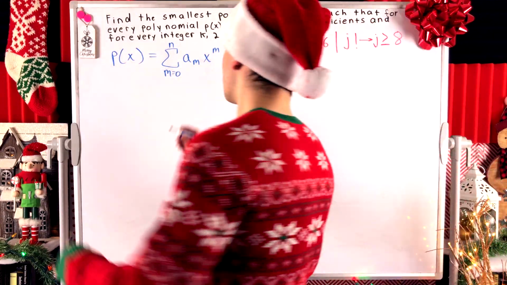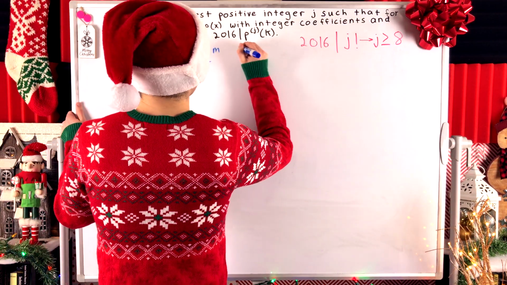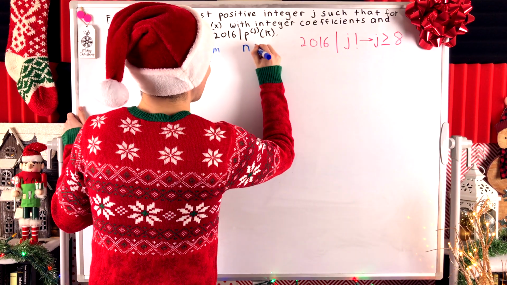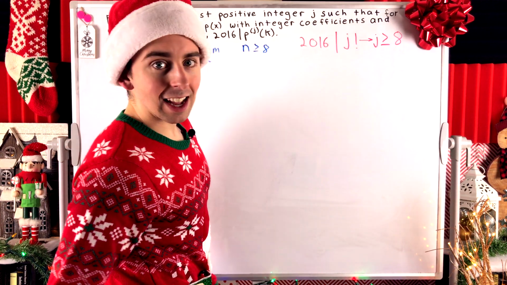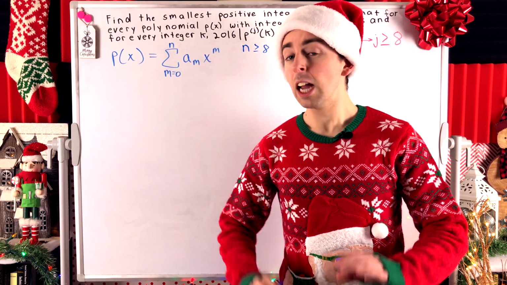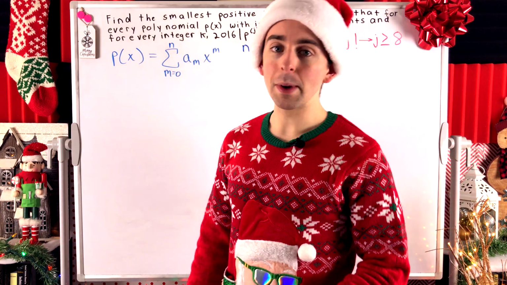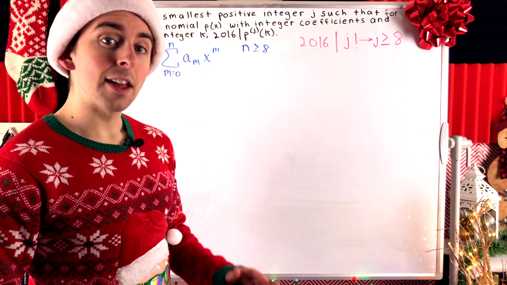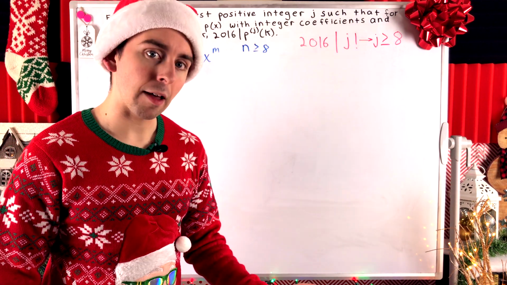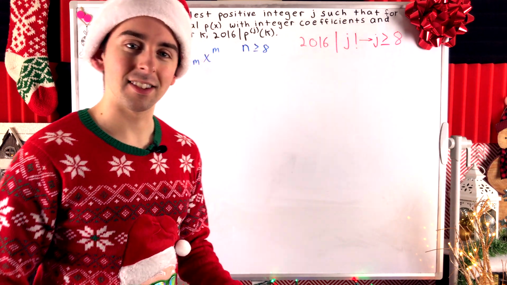Another important detail we might note is that we can assume the degree of our polynomial n is at least 8, just like j. And why can we assume that? Well, remember, if the degree of a polynomial is less than 8, then its 8th derivative will be equal to 0, and thus it will definitely be divisible by 2016.